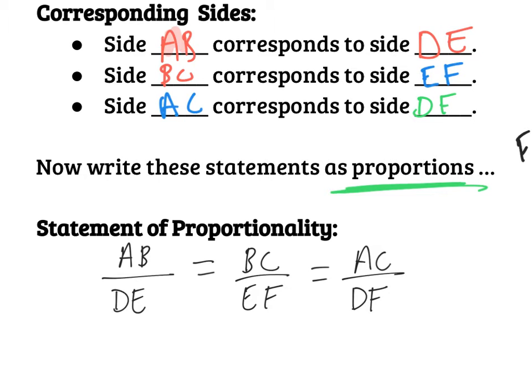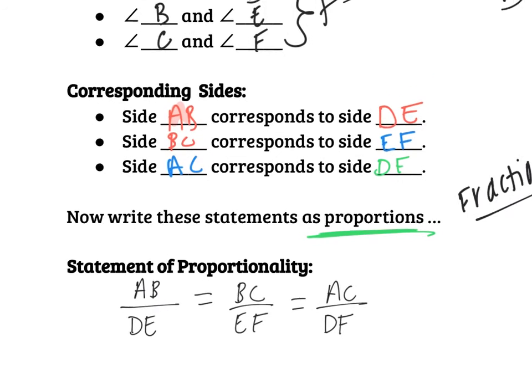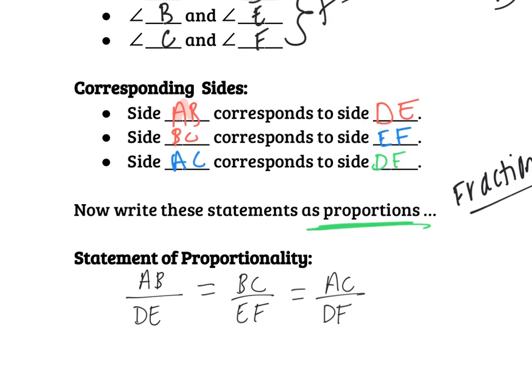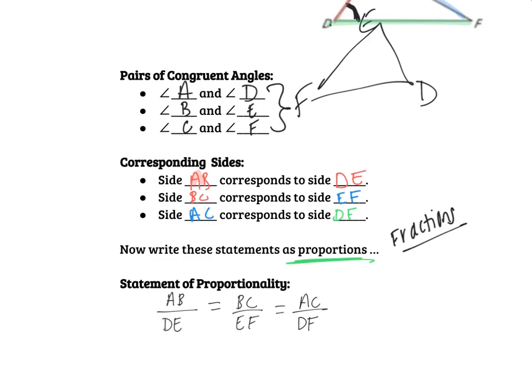So AB over DE should be equal to BC over EF, which should be equal to AC over DF. That just means that whatever the numbers are on the sides should make equivalent fractions. They don't have to be the exact same numbers, but they have to simplify to the same fraction. And we're going to look at an example of that on the next page.